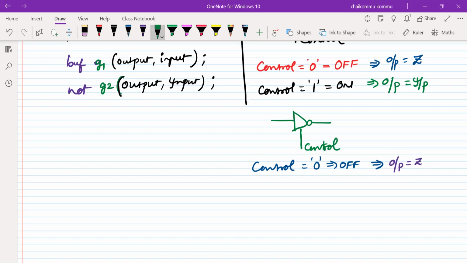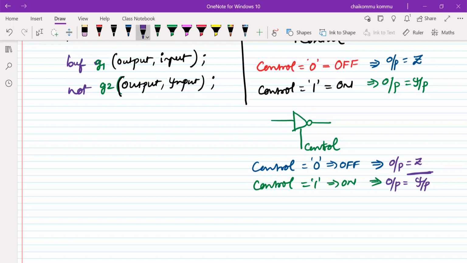What about when the control signal is at logic 1, or I can say on? Then the output is the complement of the input. Whatever input we take, the output is its complement. Normal NOT operation will be performed if the control signal is on. If the control signal is off, high impedance state can be seen.